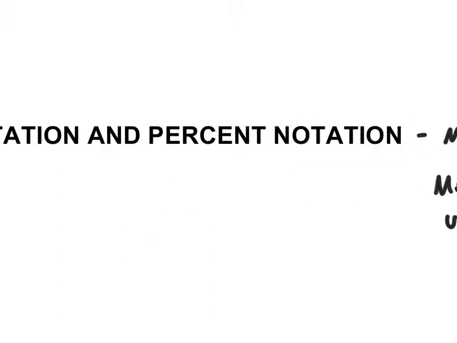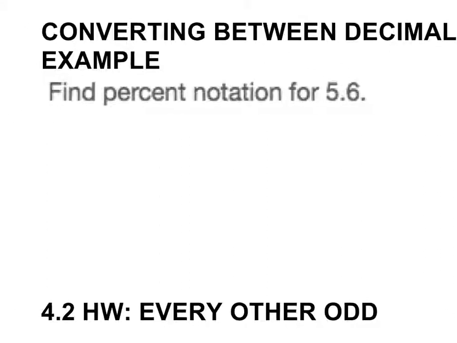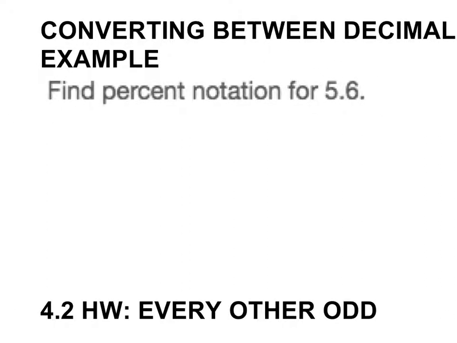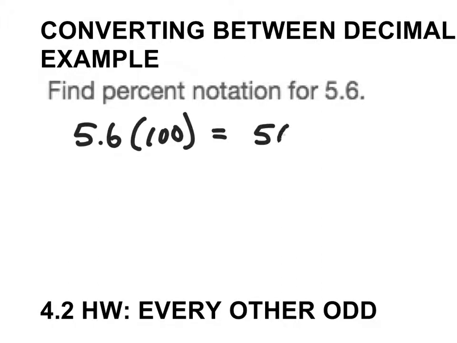Okay? So if I come over here and it says find the percent notation for 5.6, I could do 5.6 and multiply that by 100. And that's going to give me 560%. I could also just take the number 5.6 and move the decimal place to the right 2 units.